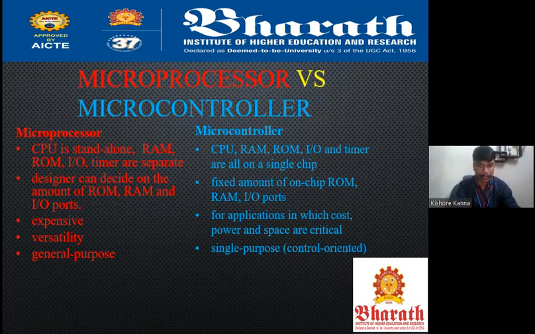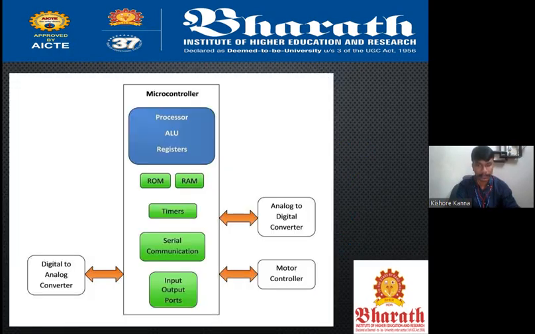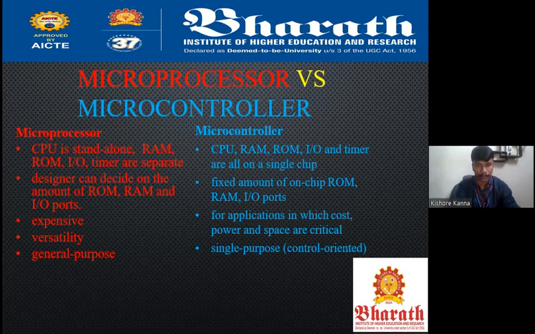And in a microcontroller, in the pictorial representation itself, we can see everything is packed inside the microcontroller. So CPU, RAM, ROM, input, output, and timer are all in a single chip. So this is the first difference between the microprocessor and microcontroller architecture.